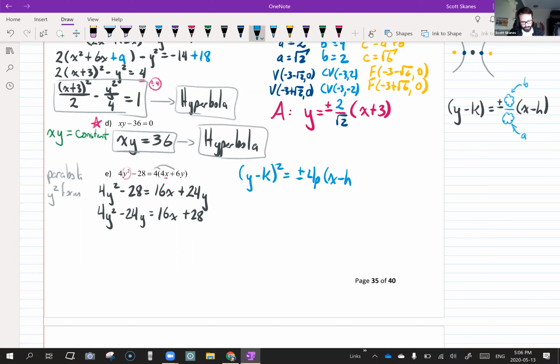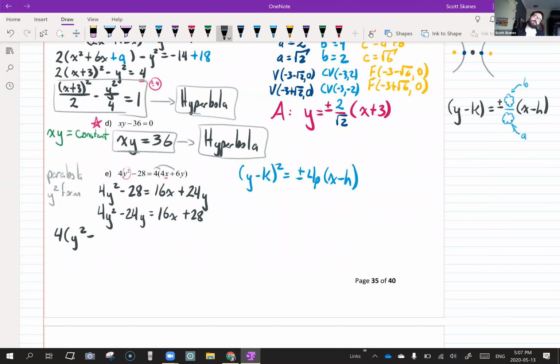The equation for a parabola is supposed to be like this. So we need to make it look like that, which basically, if you just put all your squared stuff to the left, whatever letter that is, so get all my y stuff to the left, and keep all my x things to the right, it'll work most of itself out according to the plan that we used before. We're going to factor the 4 out.